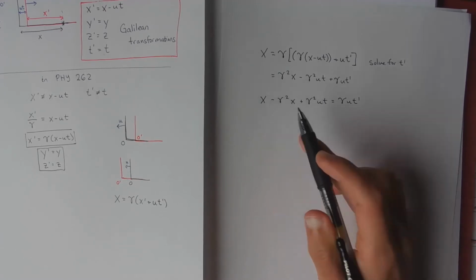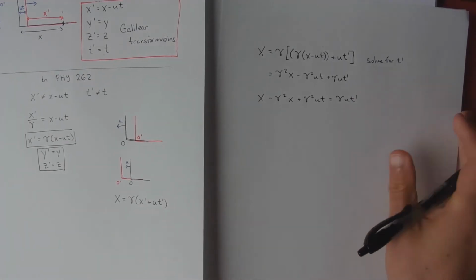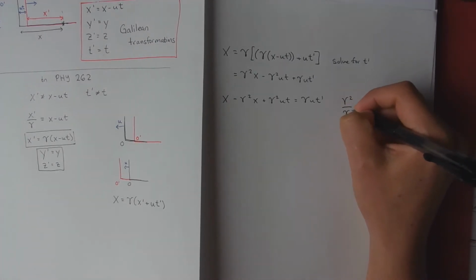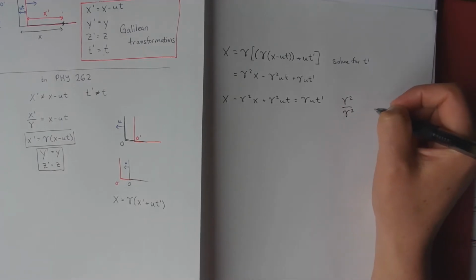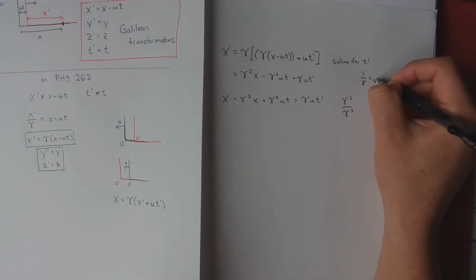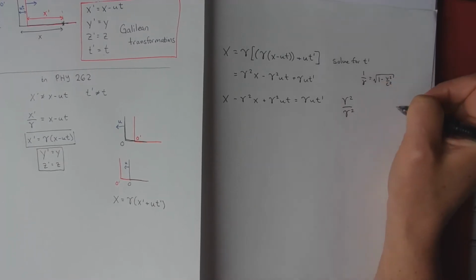So we're going to fix that by multiplying x by gamma squared over gamma squared. We can do this because gamma squared over gamma squared is equal to 1. But rather than keeping it this way, 1 over gamma would be equal to the square root of 1 minus v squared over c squared.